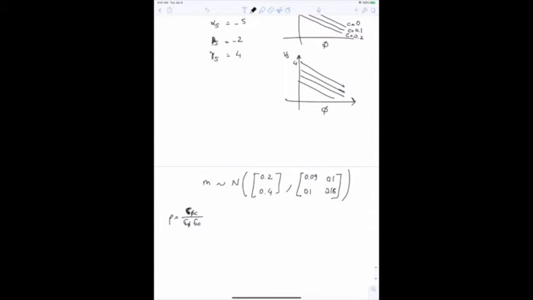I'm doing the math at the same time, so 0.3 times 0.4. This is equivalent of assuming a correlation of approximately 0.83. Okay.